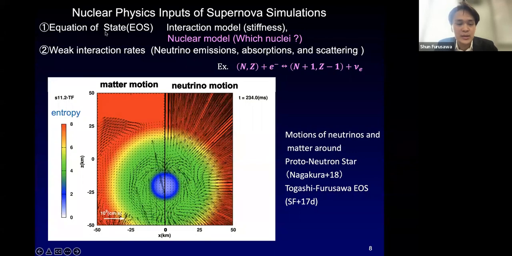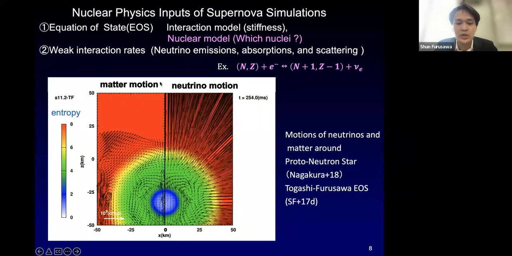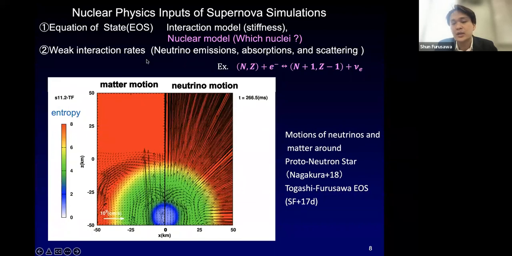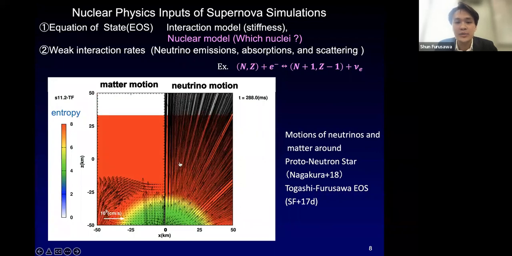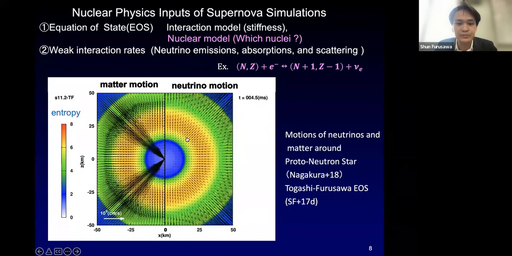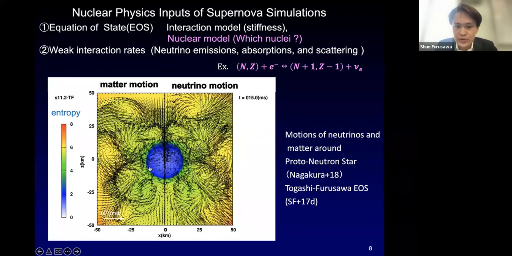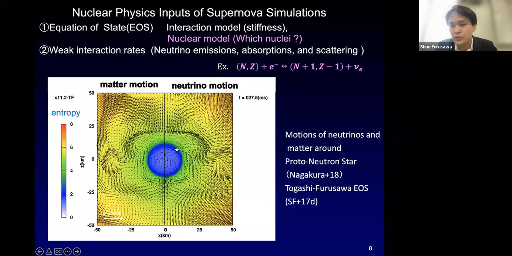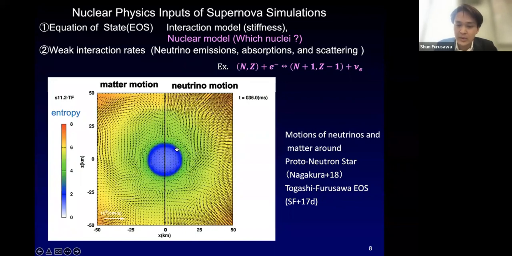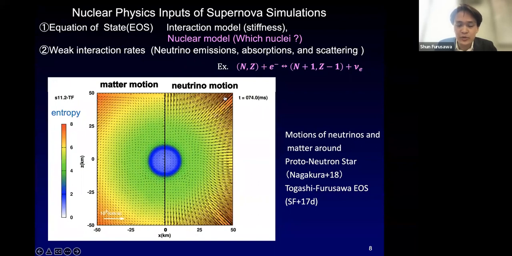By using these microphysics data, we can perform supernova simulations. The weak interaction rate determines how many neutrinos are emitted, absorbed and scattered. Around the protoneutron star, the matter motion and neutrino motion are coupled because neutrinos are trapped. But outside the neutrino sphere, neutrinos can escape.